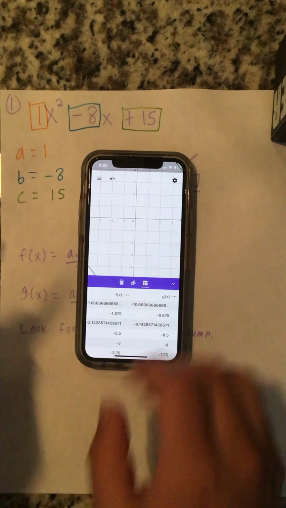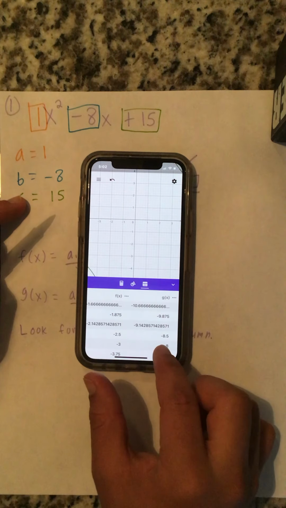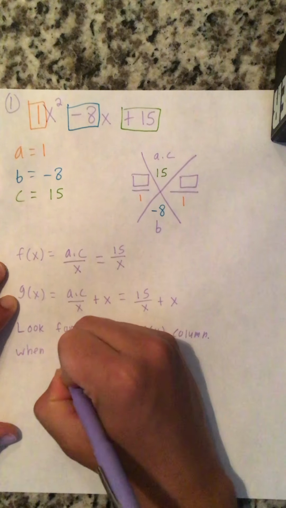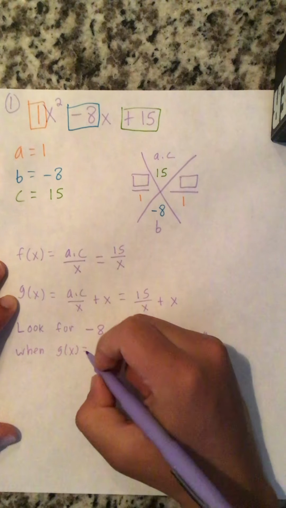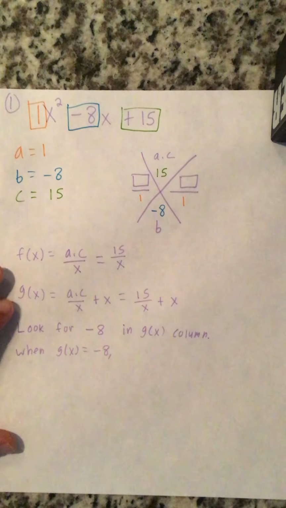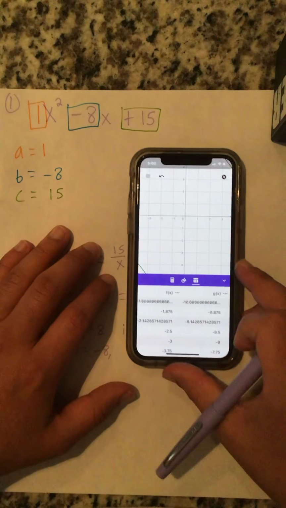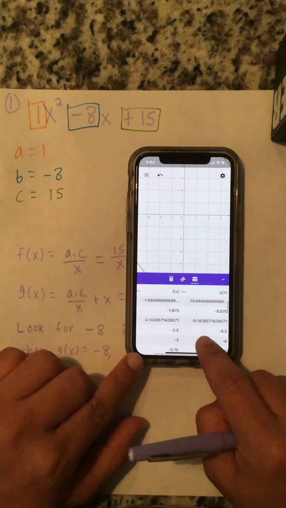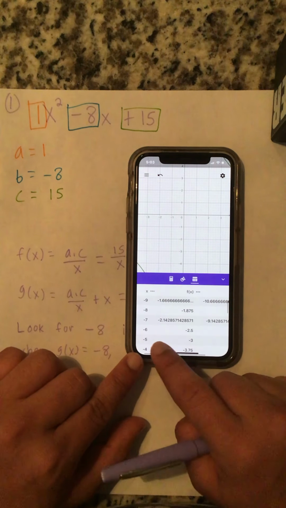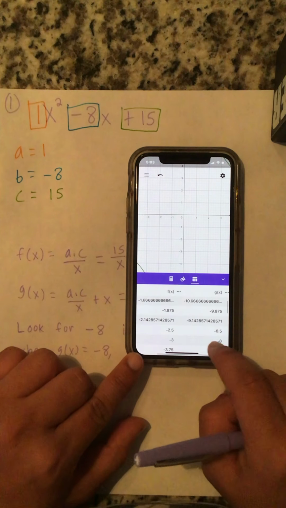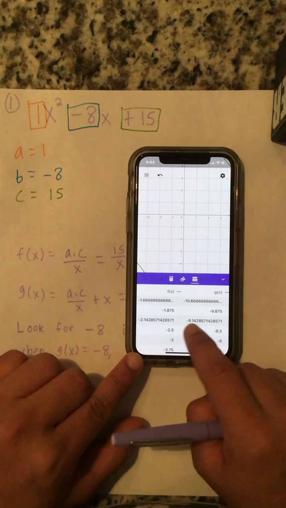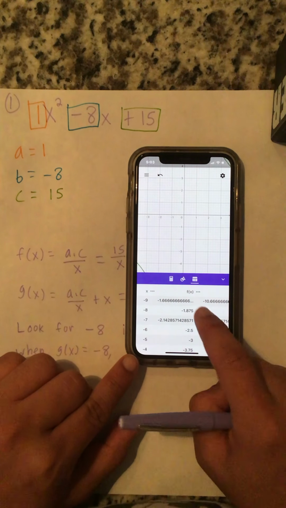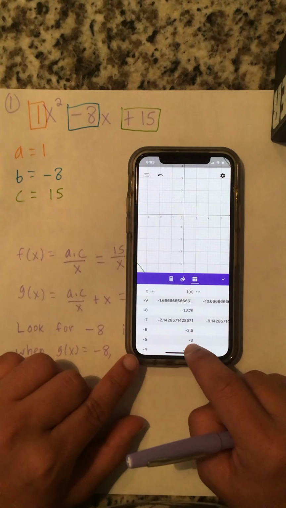Watch how I'm going to write it. When g of x equals -8, once you have that number in the 3rd column, you slide over to the 2 numbers in front of it. So when g of x equals -8, x equals -5, and f of x equals -3.